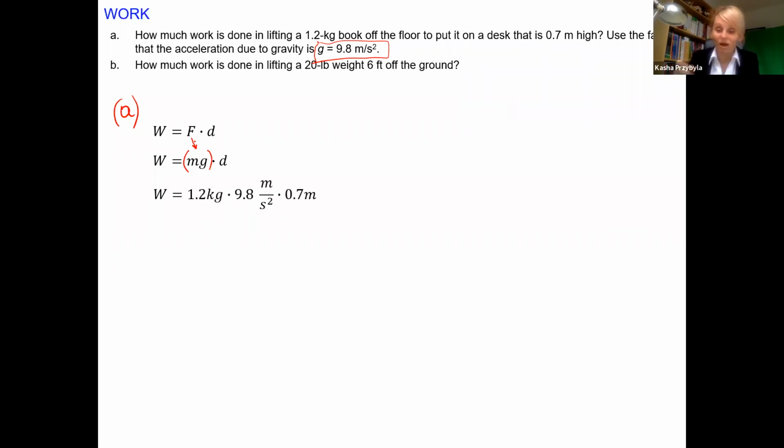We have to know these formulas. Work is force times distance, and force is defined as mass times acceleration, which is the acceleration due to gravity in this case. So 1.2 kilograms, 9.8 meters per second squared, and the distance.